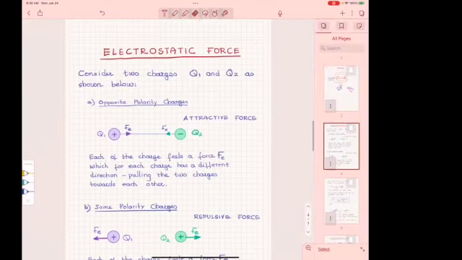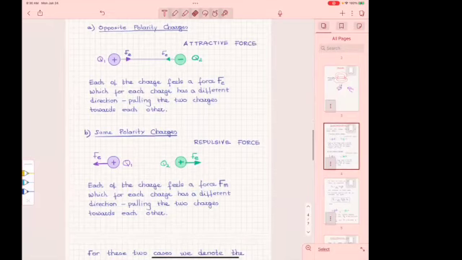So here is the mistake that I've done, which I have to correct. It says pushing the two charges away. Away from.